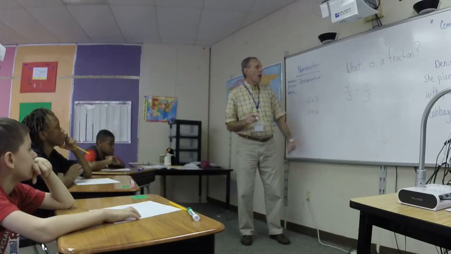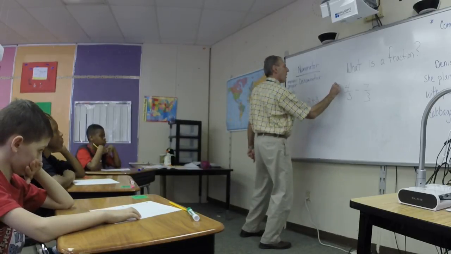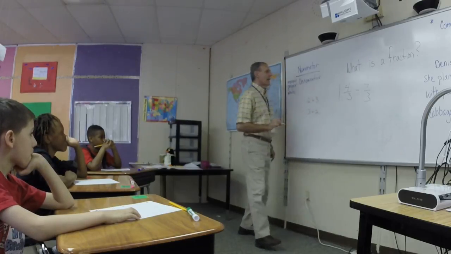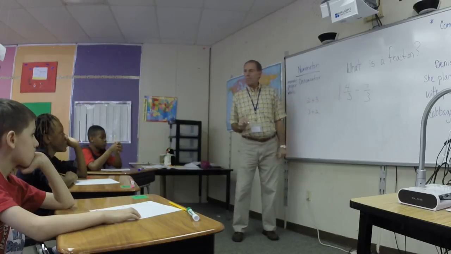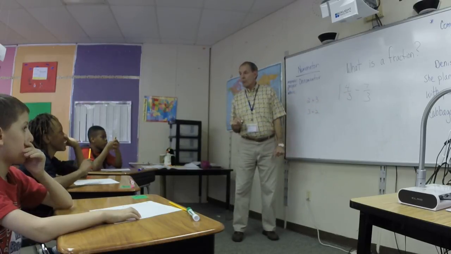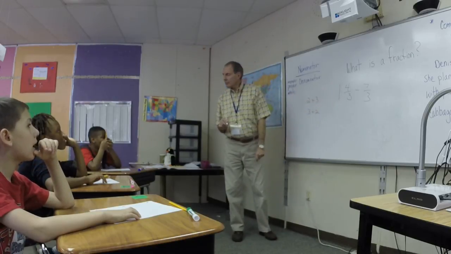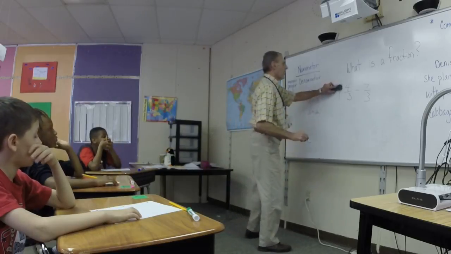And here you could call it regrouping, but let's say this, watch this. Let's say this is a 1. Now, we've got a 1 here. Can we change this into something else? What can we change this 1 to? 3 over 3. You got it. So we're going to change this to 3 over 3.